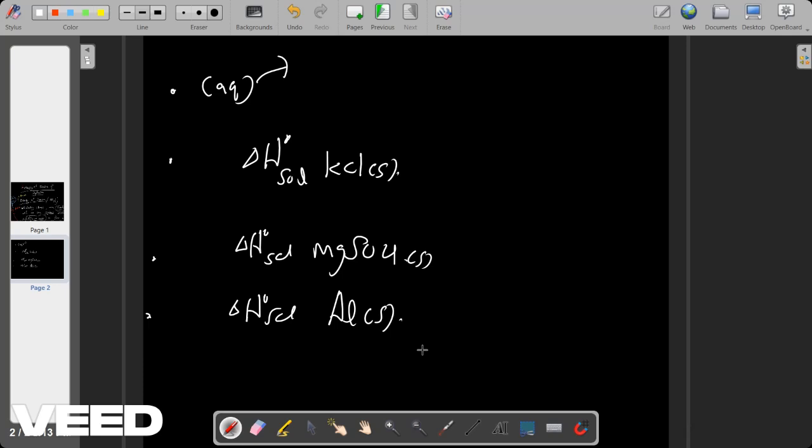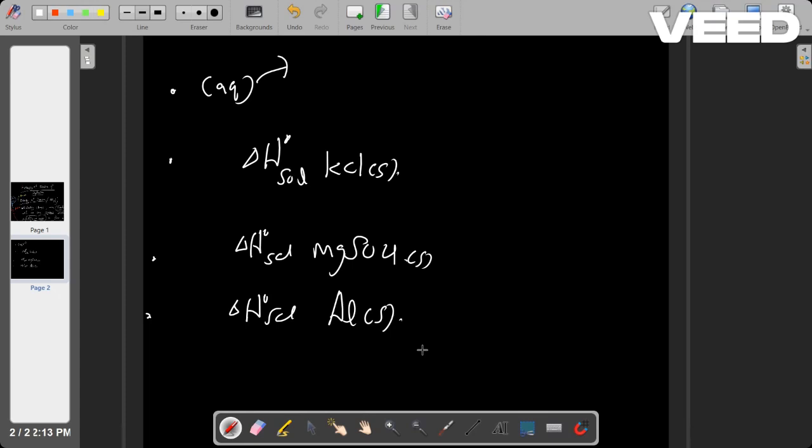Is it going to be endothermic or exothermic? While you are doing it, can you think and tell me? We discussed lattice enthalpy. Standard lattice enthalpy is always what? Exothermic, right? What about this one?